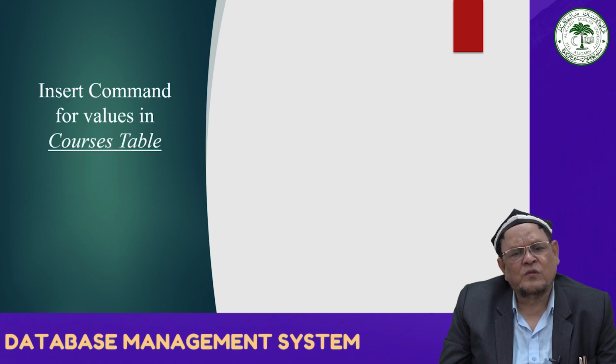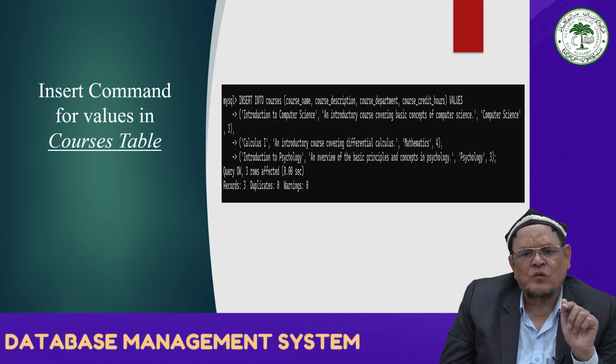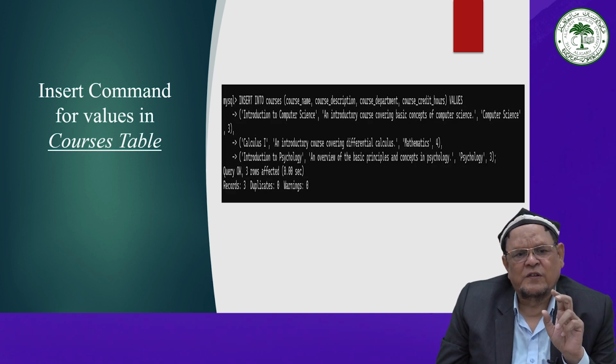The next is how to insert values in the courses table. The same way, you have to write insert into courses. The table name is courses. Within parentheses you write course name, course description, course department, course credit hour. Then the parentheses will close. Then you have to write values.